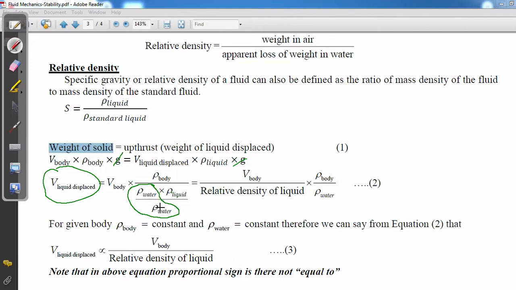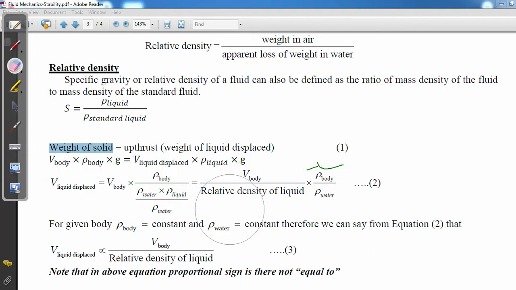There is no effect, but we get one thing: rho of liquid divided by rho of water becomes relative density. So this term becomes volume of body divided by relative density of liquid into rho of body divided by rho of water, which means whatever volume of liquid is displaced is given by this formula.